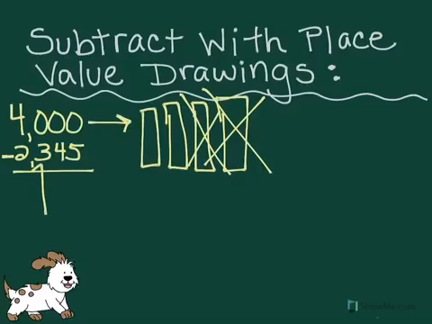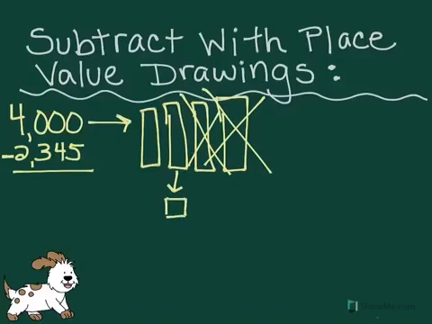Next, I'm going to my hundreds place value. I have a 3. Well, I need to subtract 300, but I don't see any 300s on here. That's because I need to take one of my thousands and regroup.